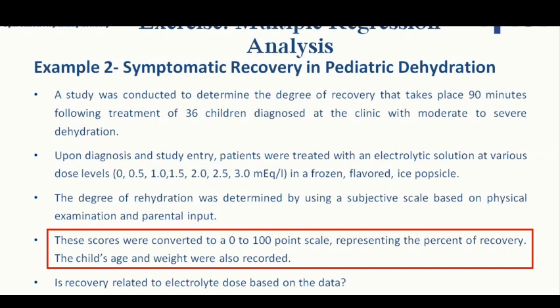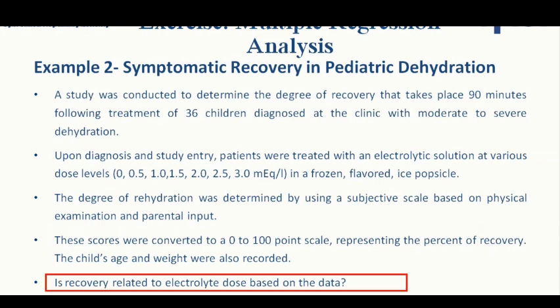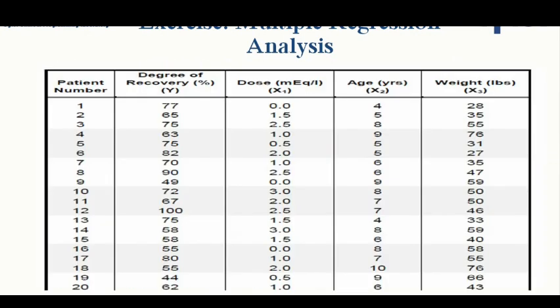What are you recording? You are recording the child's age and weight also. So they become the independent variables. Is recovery related to electrolyte dose based on the data? So patient number, this is our response endpoint y. Dose is obviously one of the factors, along with age and weight.